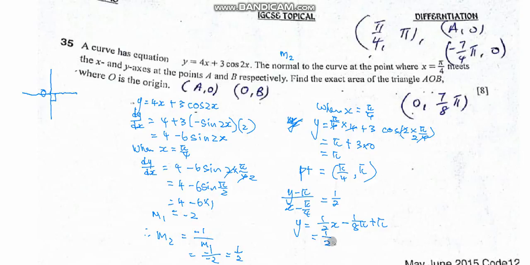So this is half x plus 7 over 8 pi. This is the equation of the normal.